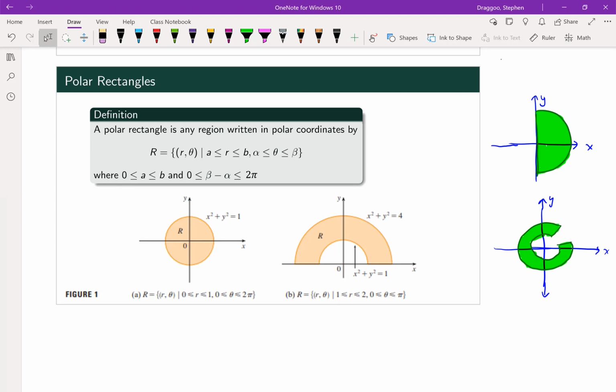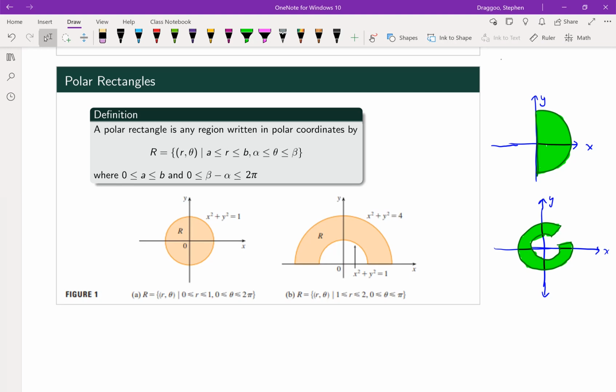And we're going to say that we specifically want these polar rectangles to only happen where a and b are both positive, and we'll also have b be the larger of those two. a can be positive or 0, I suppose. We're fine if a is equal to 0. And also that we want the difference between our two angles to be less than 2 pi, meaning that we don't want a polar rectangle to wrap around itself.